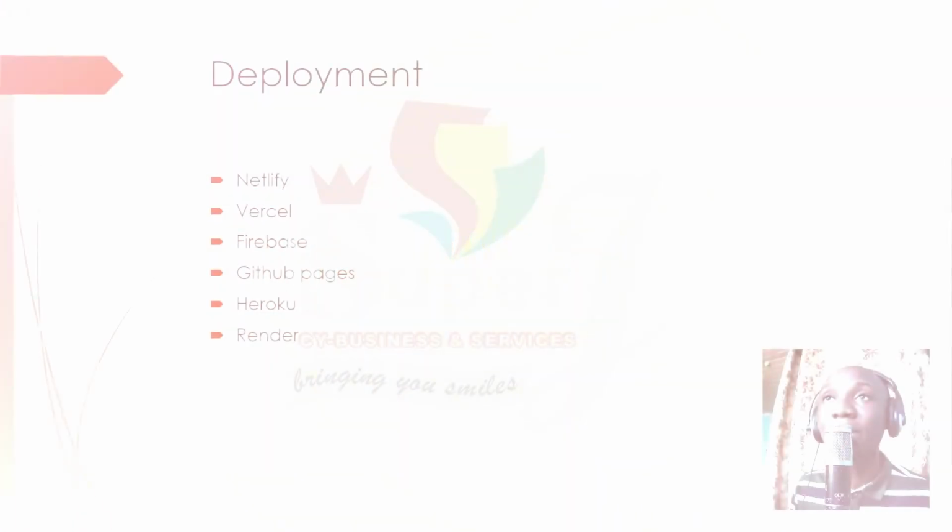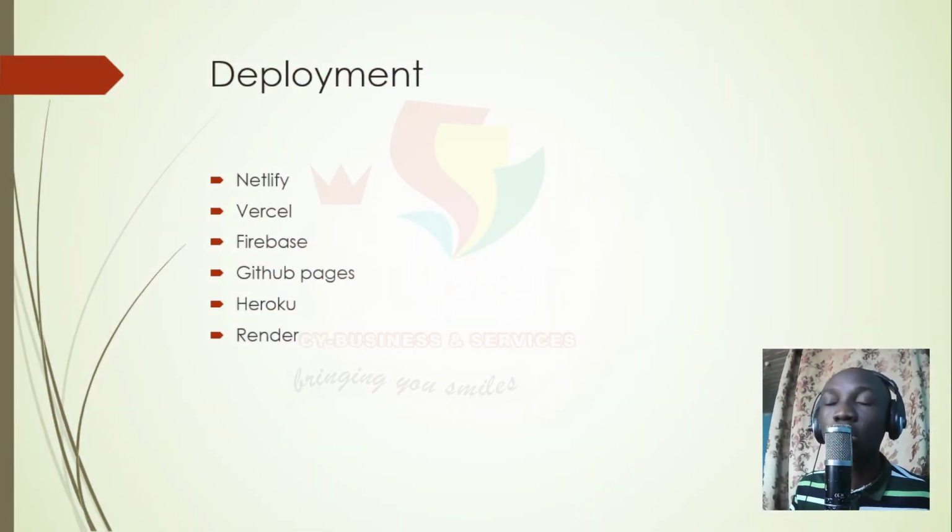And then when we come to deployment, we have lots and lots of websites where you can deploy your work. Maybe because it is just a first work, or a trial work, you wouldn't want to pay for hosting. So we will have some places to deploy it.